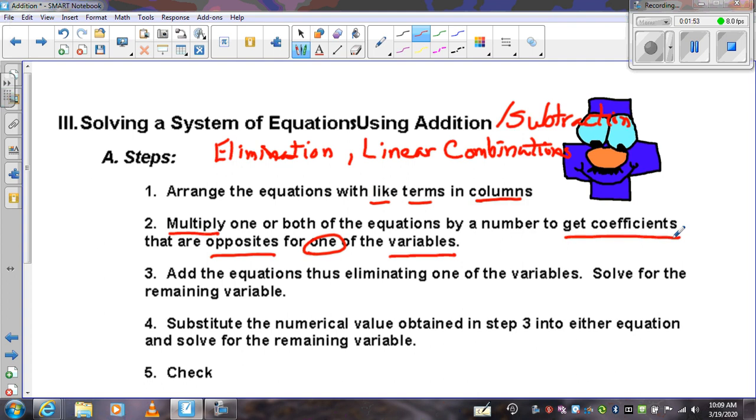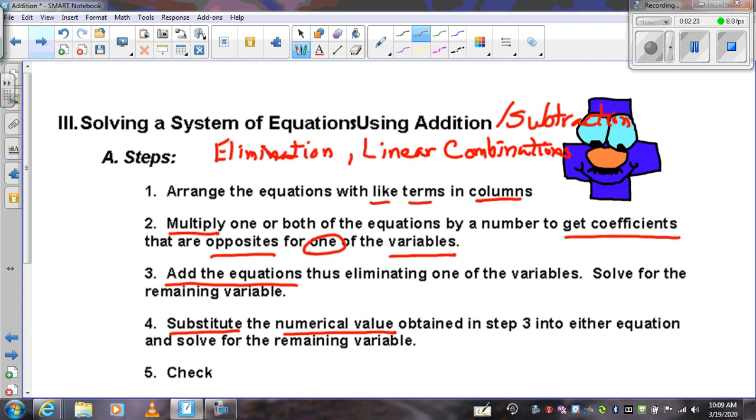Second thing, opposite coefficients for one of the variables. Third thing is you're going to add the two equations together. What's going to happen is you're going to eliminate one of the variables, and then you're going to solve for the variable. The last thing that you're going to do, just like the previous lesson, is substitute your numerical answer into either of the equations and solve. And then if you've got time, check it.